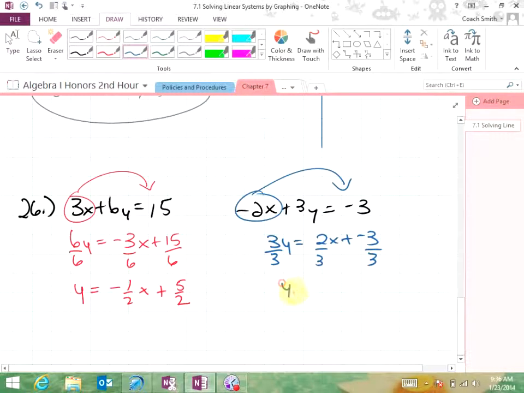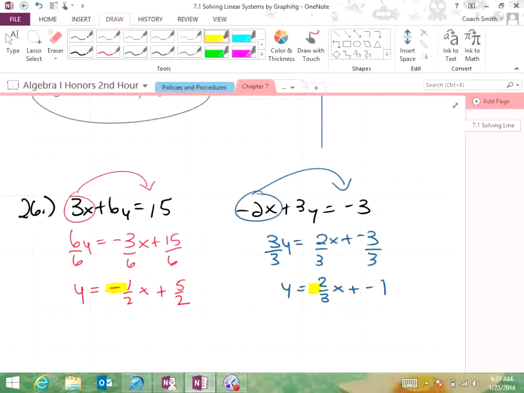That gives me y is equal to 2/3 x plus a negative 1. Now, you will notice in these problems that you're going to have one slope that is negative and one slope that is positive, because they can't intersect each other if the slopes are not opposite of each other, positives and negatives. Okay?